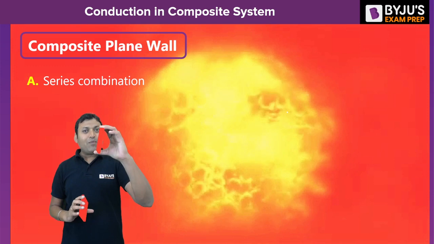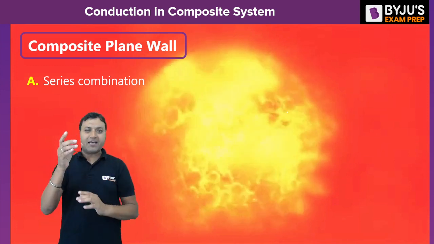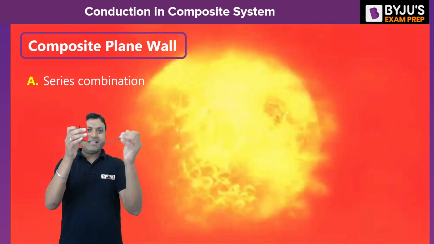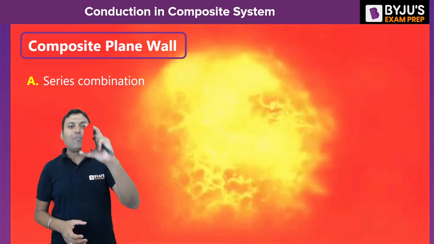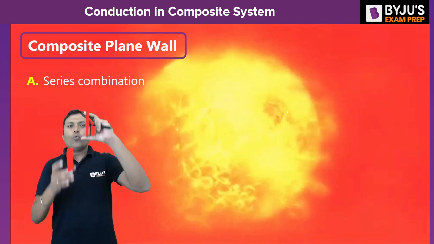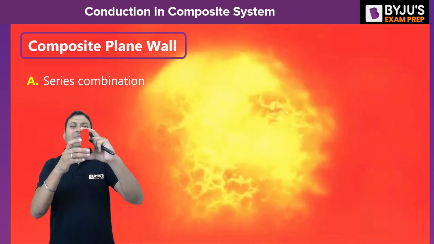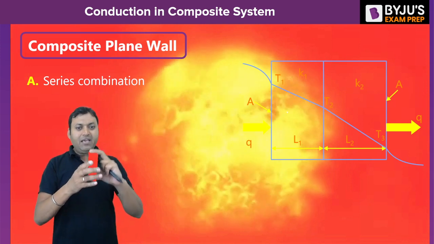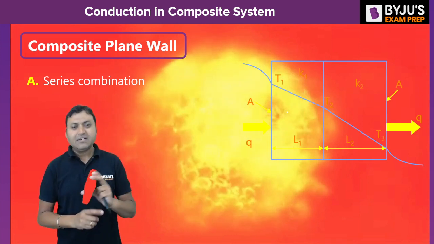When one material is joined with another material one after another, and the direction of heat flow is from left to right. That represents the composite plane wall having the series combination of thermal resistance. One thermal resistance will be for the first wall, the second thermal resistance will be for the second wall, and they will be connected in series. That is called series combination.